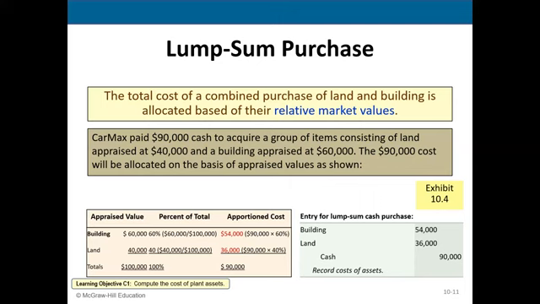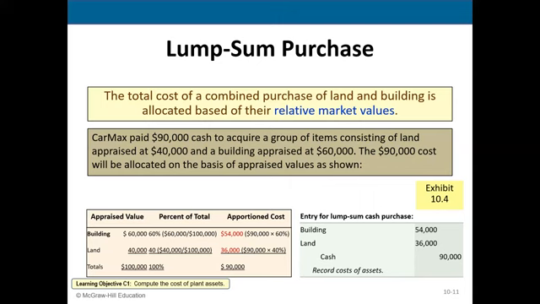I want you to take a look at what we call the apportioned costs. The apportioned cost is because we're paying in a lump sum, we apportion based off of their appraised values. Okay.